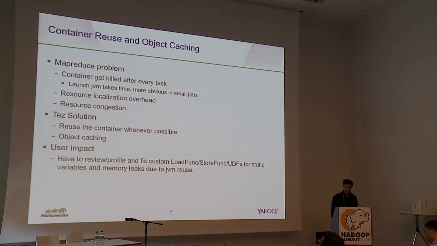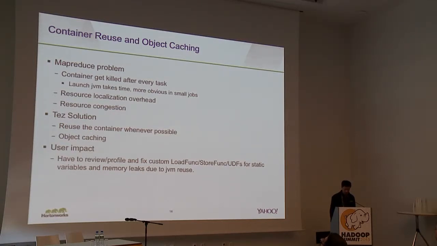And container reuse is even more useful. The container is the place where Pig runs the data pipeline. In MapReduce, once the task finishes, we kill the container JVM. A large MapReduce job may contain several thousand tasks, which means we need to kill and restart the JVM thousands of times.